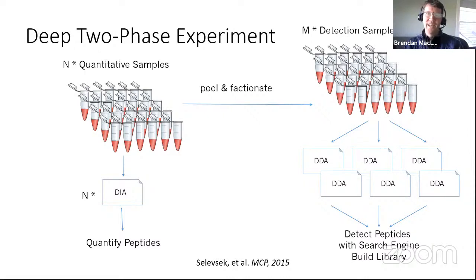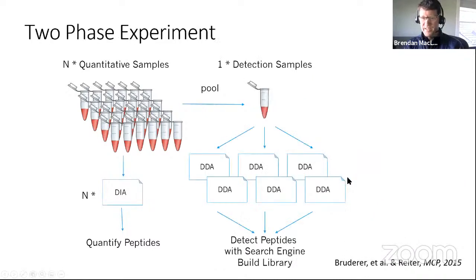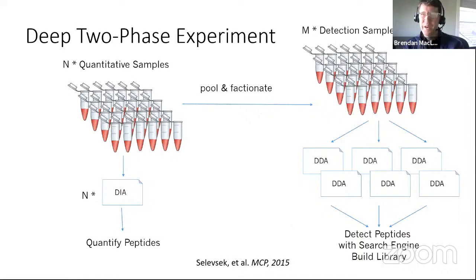If you're not really careful, the false discovery rate in this library is going to be considerably higher than in this library, and there are papers about that you can read. But anyway, it's still a very interesting experiment and a beautiful data set, and I'm glad that in both cases they did such a good job of publishing these data sets to PeptideAtlas and PRIDE.